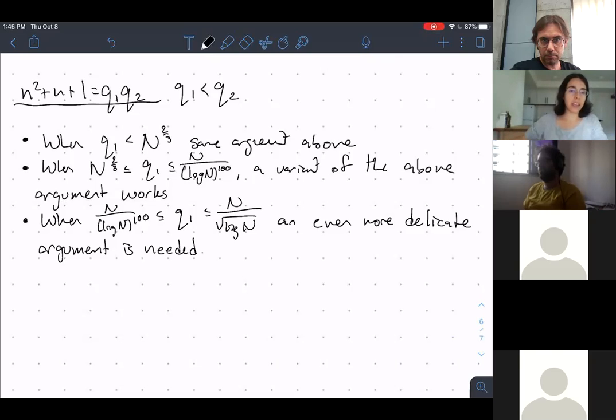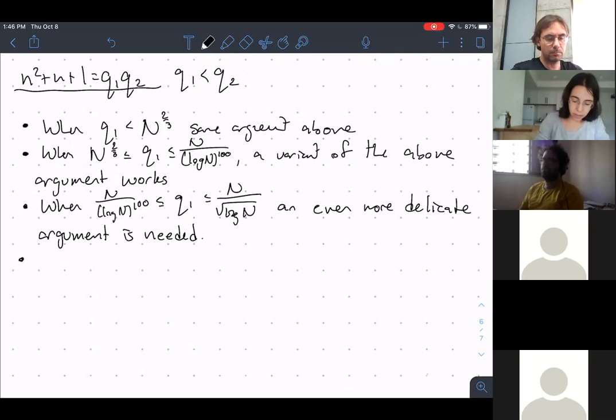I end up having to take it to be like log log log of n, and then bounding each of these sets separately using a sieve argument. And it's from this step that I get this hideous thing with 11 logs, because you end up needing to take k to be pretty small to make it work.